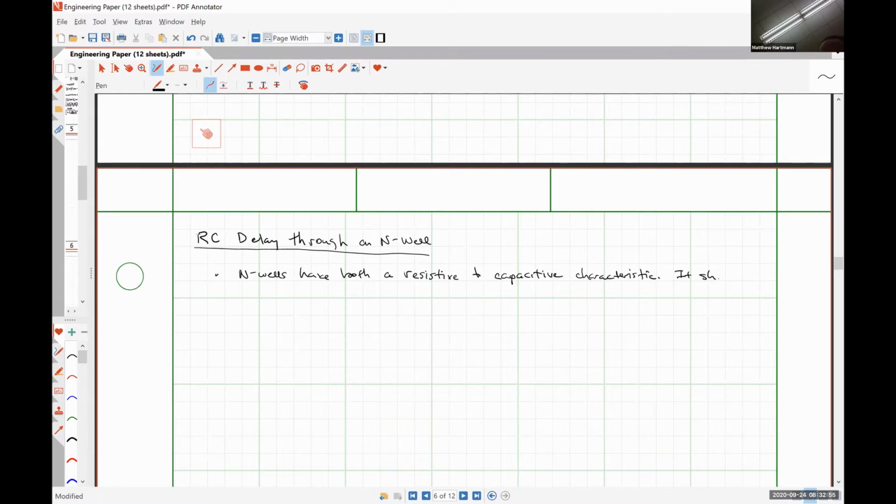It shouldn't be a surprise that N wells actually form an RC network. All right.